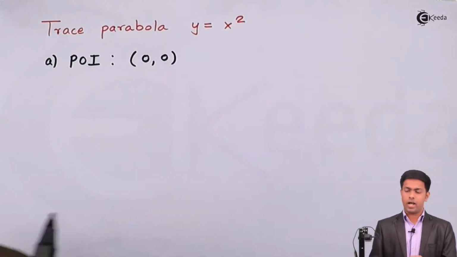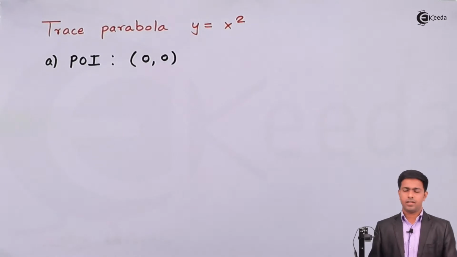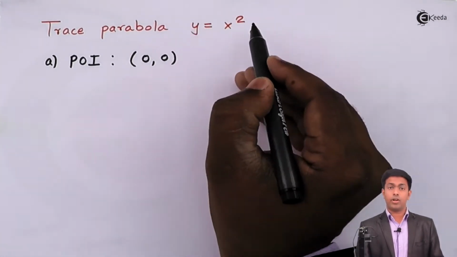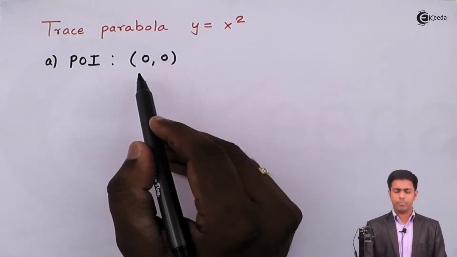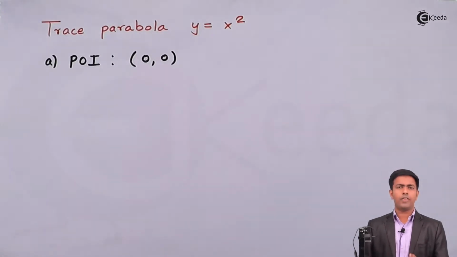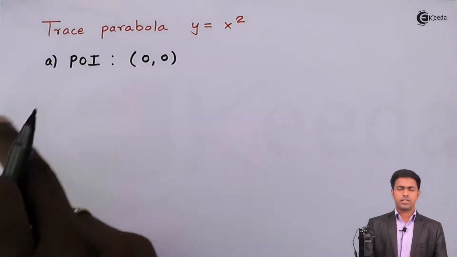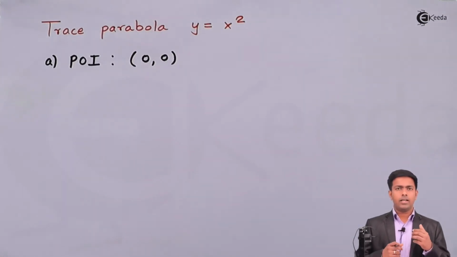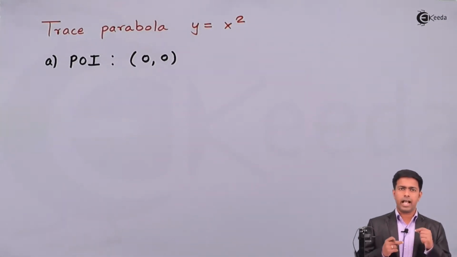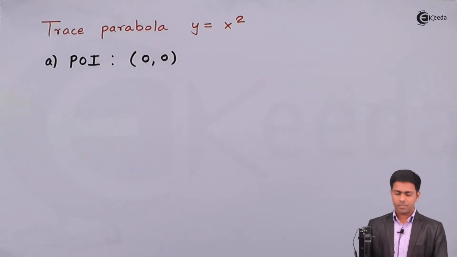Then we put y as 0 to get the value of x, but when you put y as 0, your x will be 0. It means you will get the same point. So guys, this is the point of intersection with the coordinate axis. This curve, that is the parabola, is going to intersect the coordinate axis at (0, 0).